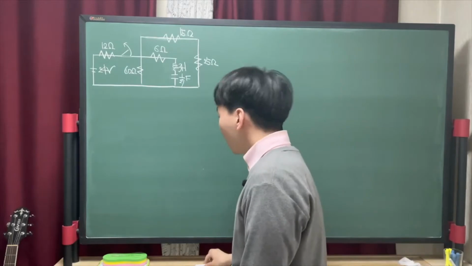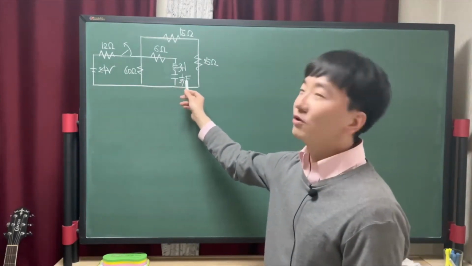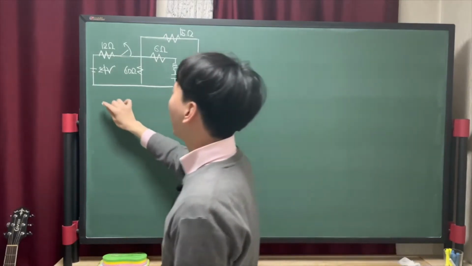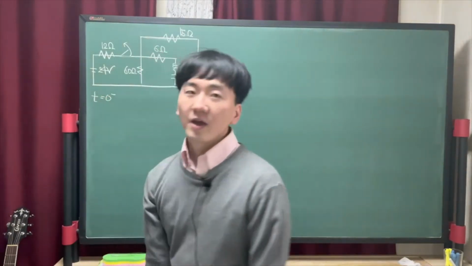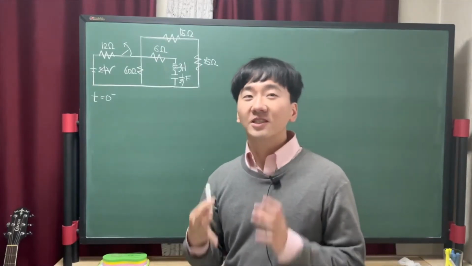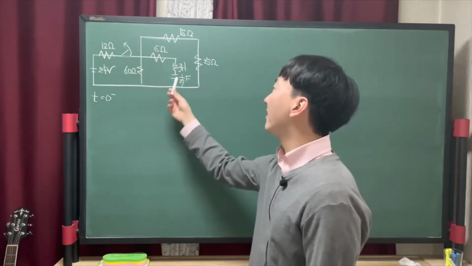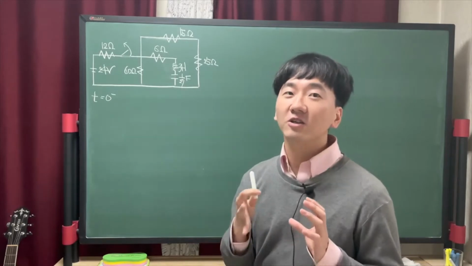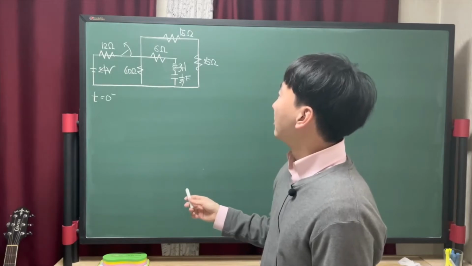To solve that, we have to know how much charge is in the capacitor for negative time. We consider it steady, so there is no current here, and the capacitor is fully charged initially.